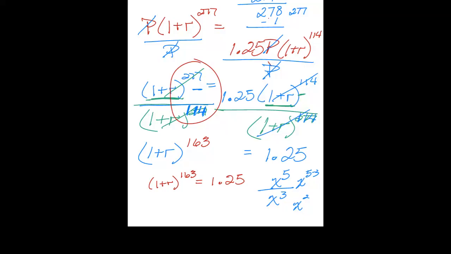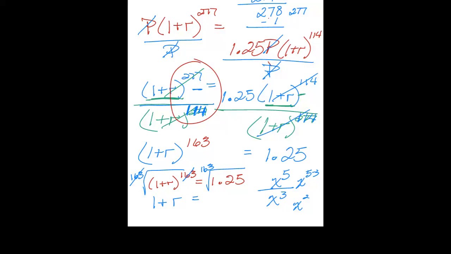So what root should I take? Not the square root, but the 163rd root. So take the 163rd root of 1.25. That's going to cancel these out. 1 plus r is equal to... Do you know how to take the 163rd root?